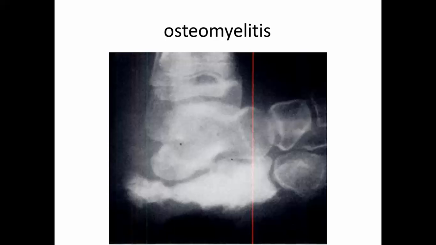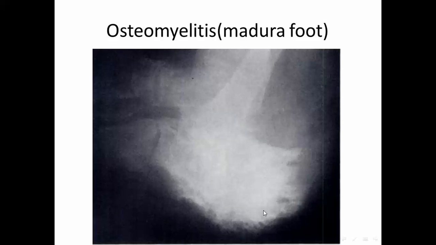Third osteomyelitis: sclerosis, destruction and compression with skin ulceration. Sclerosis and destruction, unhealthy callus. If you look here, you will not find any soft tissues. That means that the skin is eroded and the bone is exposed.